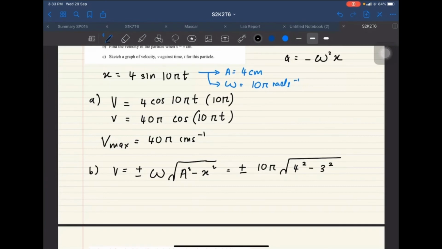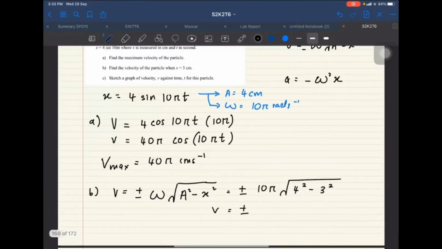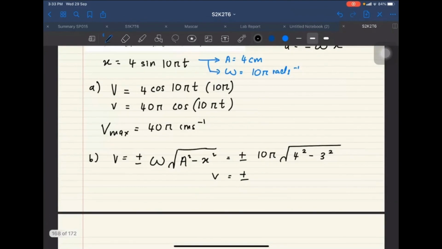And then if you press your calculator, you should get berapa ni? Berapa? 83.12.